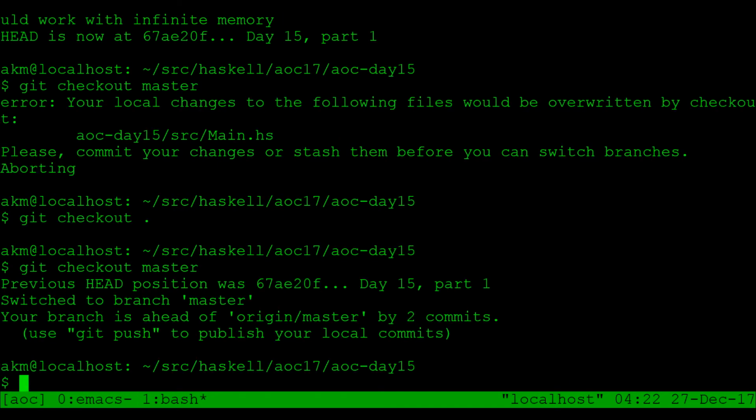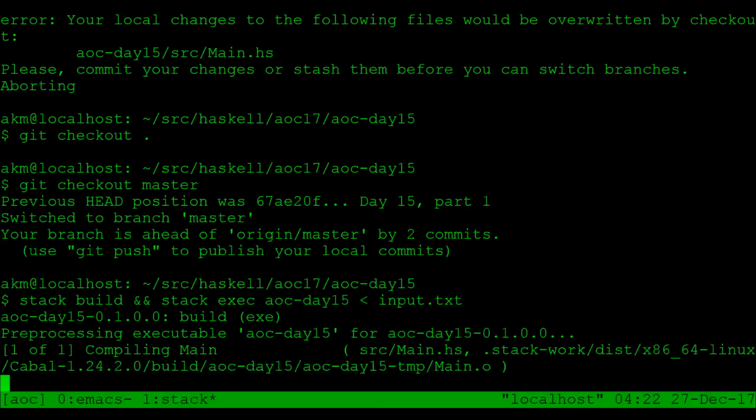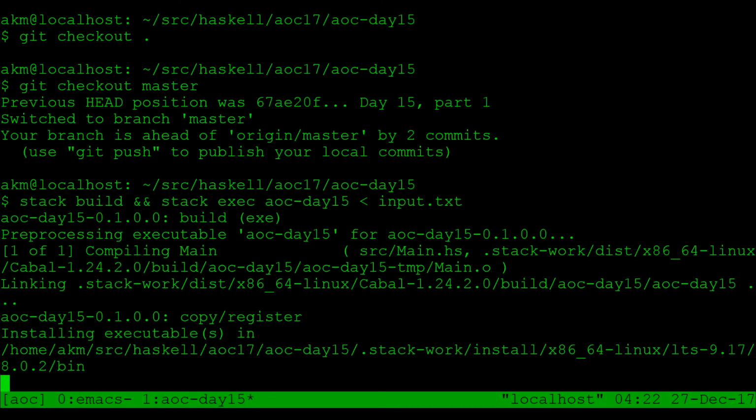Let's actually just double check that, of course. Day 15. I think it runs pretty quickly, but not instantly. Now, while this is running, I'm going to go check real quick what's in day 16.